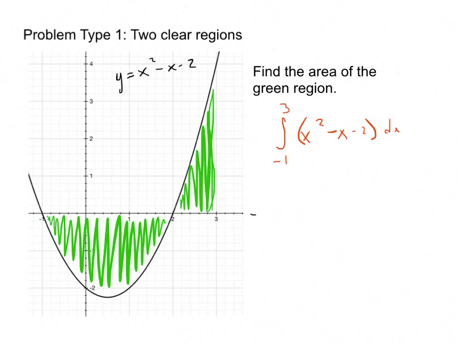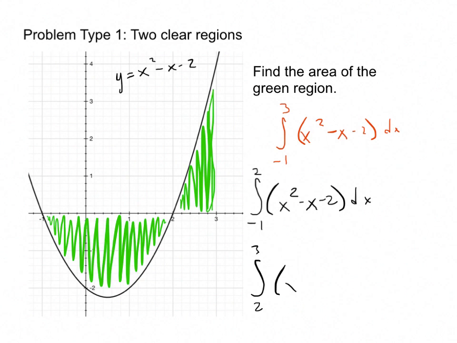One of them I'm going to do between -1 and 2, x squared minus x minus 2 dx. The first one was from -1 to 2. The other would go from 2 to 3, right? So I'll also do the integral from 2 to 3 of the same function. And it's worth thinking about what we expect.